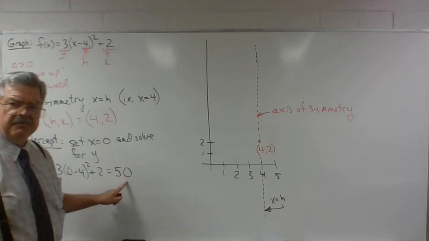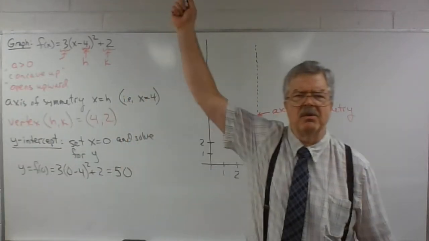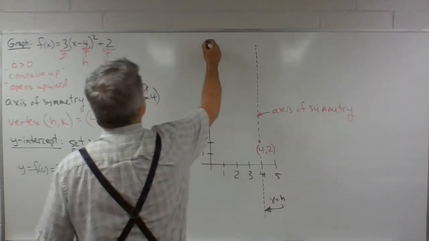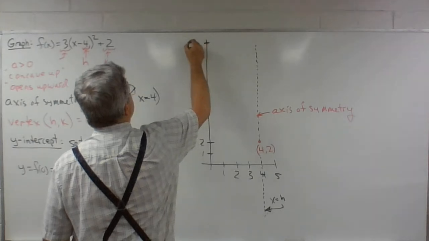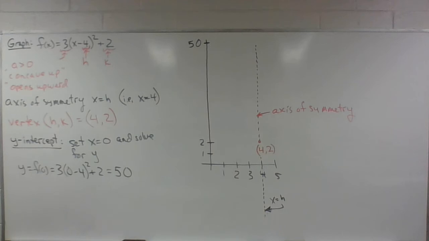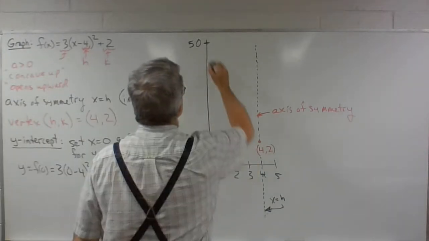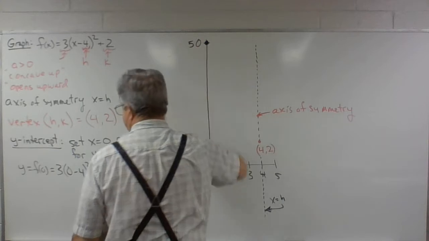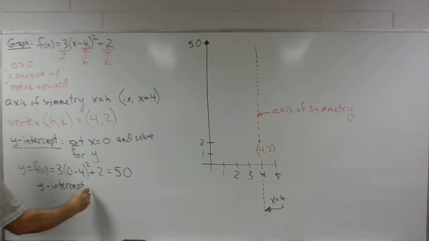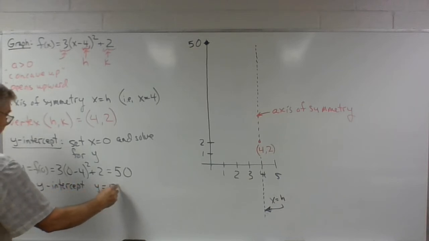In order to plot this y-intercept, I'm going to have to put a hole in the roof and climb out. I'll tell you what, I'm just going to pick this point right up here, and I'm going to say that's y equal 50. That's going to be the best that I can do. So here's the y-intercept, y equals 50.